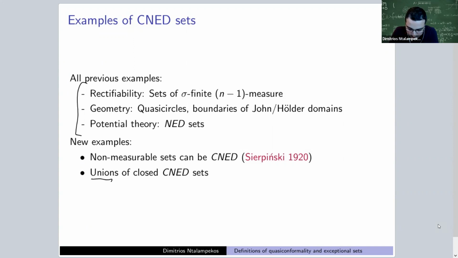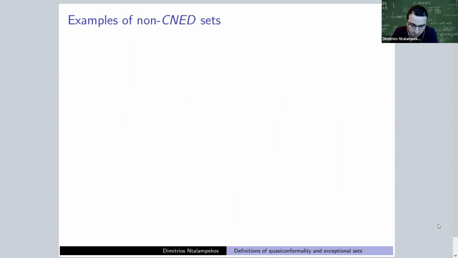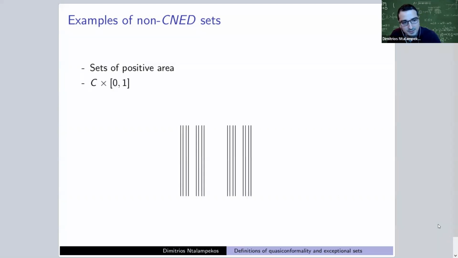So for the moment, let's also discuss a bit the non-CNED sets. So all sets of positive area are not CNED. This is for trivial reasons, but let me not discuss it further. The first non-trivial examples are the product of a Cantor set with an interval, say [0,1]. So let me just show you, at least at the heuristic level, why these sets are not CNED.